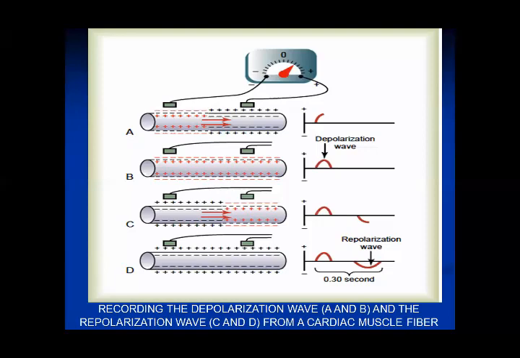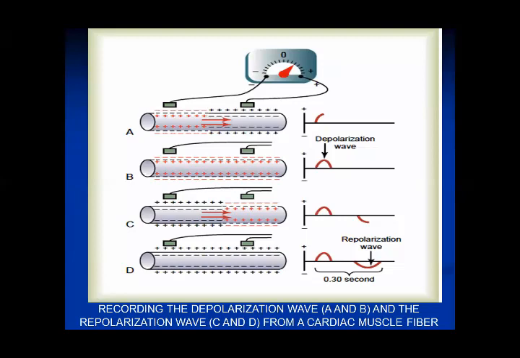Now coming to the B, what is happening in the B diagram? In the B diagram, the whole outside is negative and the whole inside is positive. That means the two electrodes placed outside the membrane, the negative electrode and the positive electrode, are placed in the same electronic field, not in their respective electronic fields, that is the negative electronic field.